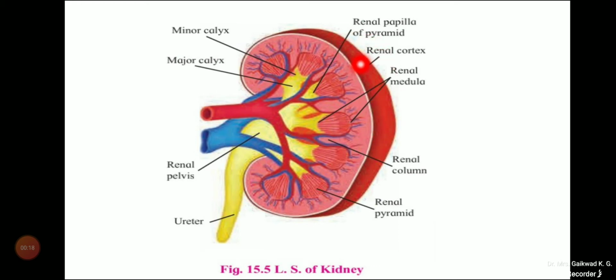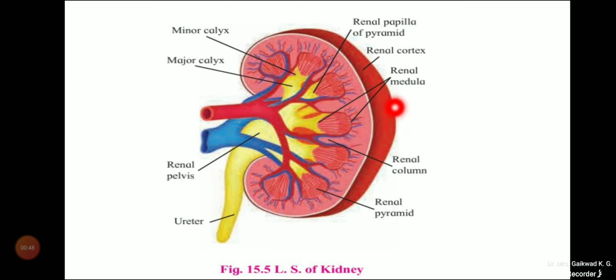If we consider this as the cover of tissue which covers the kidney, the outermost layer is called the renal fascia. The outermost layer which covers the kidney is the renal fascia, and it is made up of a thin layer of fibrous connective tissue.